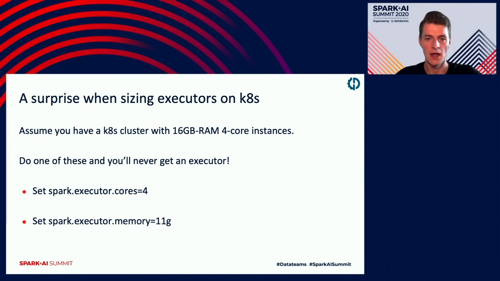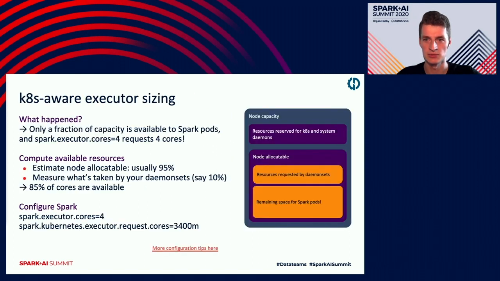What's the reason? Well, you need to take into account the share of resources that is reserved by the system and by Kubernetes. The full node capacity for cores is not available to pods. What is available is called node allocatable, and it's usually around 90 to 95% of node capacity.